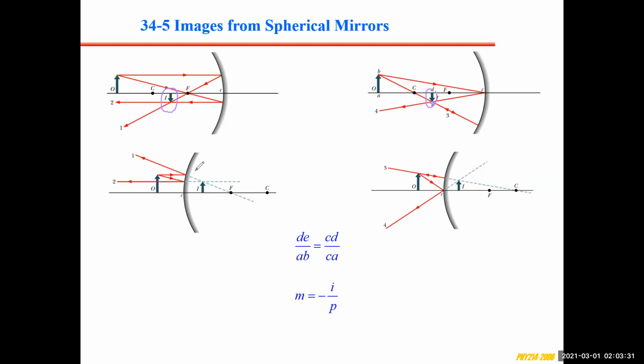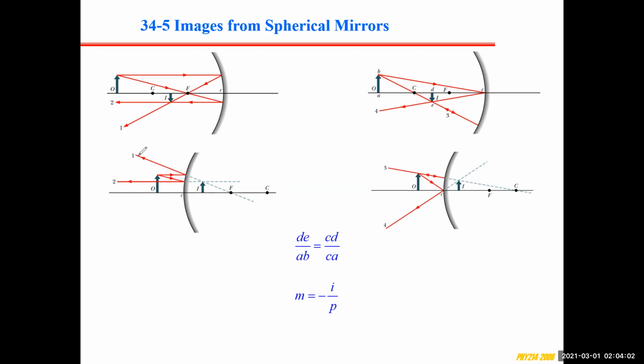The same light rays can be applied when you're dealing with a convex mirror. You can see that this is where the object is. If the ray is parallel, then it reflects as if going through the focal point. This is a little bit messy.